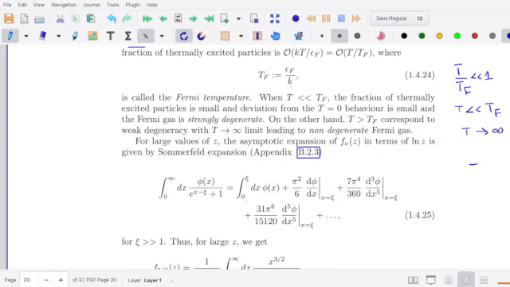The first term is the integral from 0 to c dx φ(x), plus π²/6 dφ/dx evaluated at x equal to c, plus 7π⁴/360 d³φ/dx³ again evaluated at x equal to c, plus the next one, the fifth derivative of φ, and so on, and this is valid when z is much larger than 1.